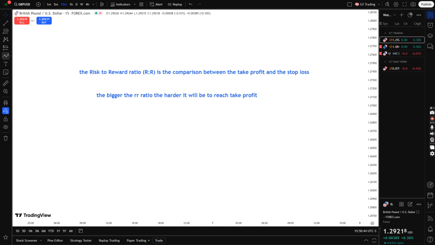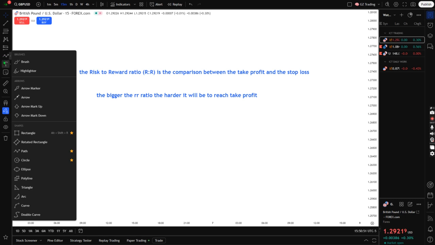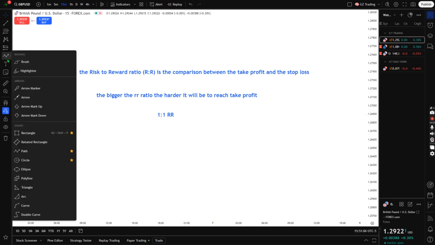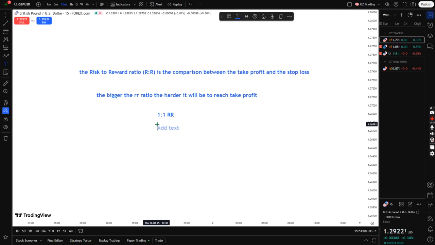So statistically, if you just place trades randomly without even looking at the market, having a 1-to-1 risk to reward ratio, so it means that our take profit is just as wide as our stop loss, we have technically a 50% probability of winning this trade.